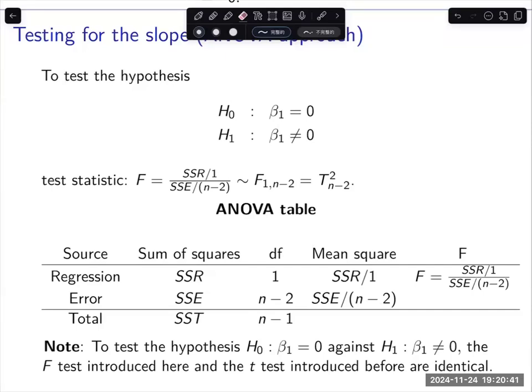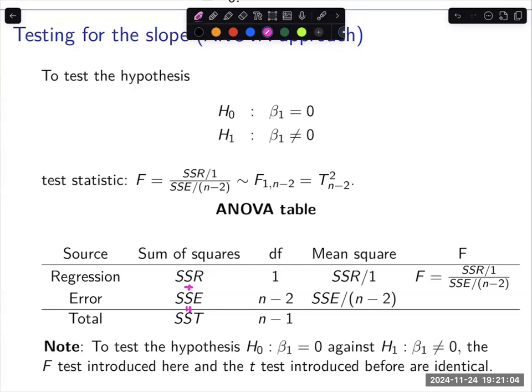As we have previously discussed, SSR plus SSE is equal to SST. The third column is the degrees of freedom, which represents the distribution of the terms SSR and SSE.